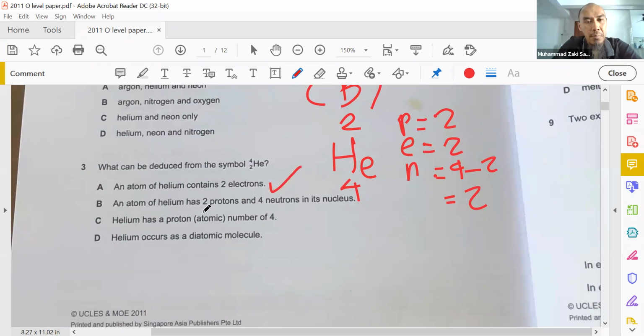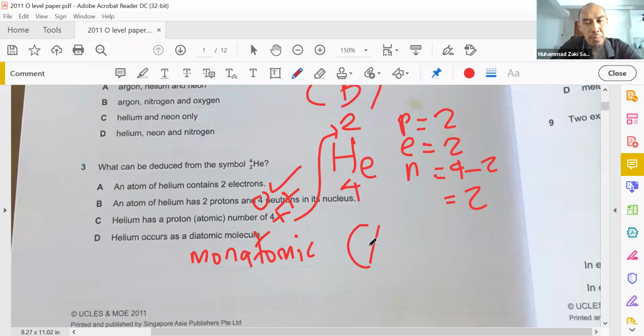An atom has 2 protons, 4 neutrons. This is wrong. We have 2 neutrons. Proton number 4, no, proton number is 2. Diatomic, no, should be monatomic. Remember your group 0 chemistry. So answer should be A.